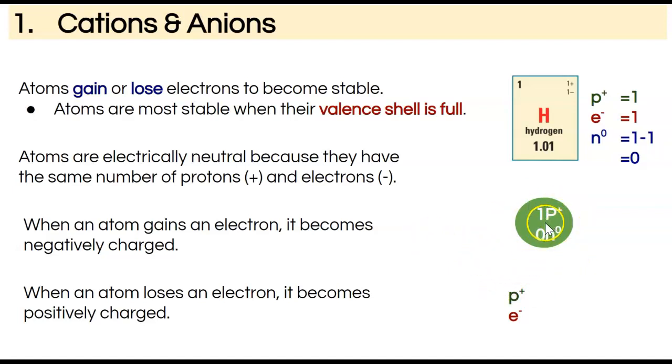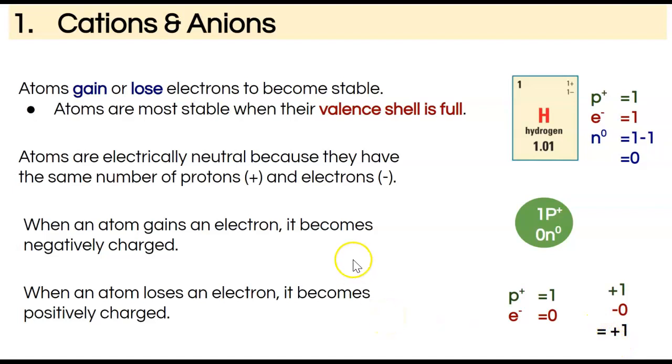Well, I have 1 proton and I have 0 electrons now. So since I have a positive charge and no negative charges, the only charge contributing to the electrical bit is that positive charge, right? And so overall, this would be a particle with a positive 1 charge.